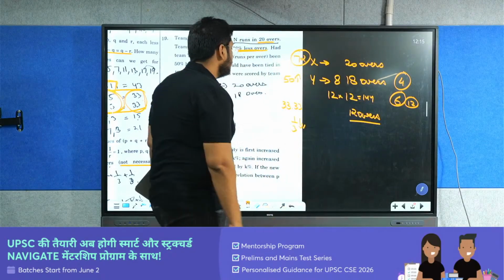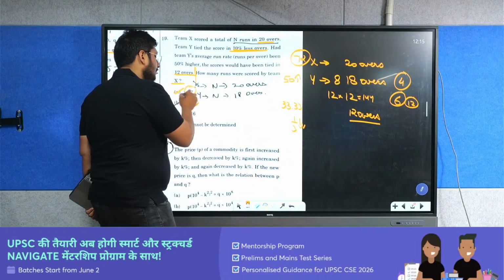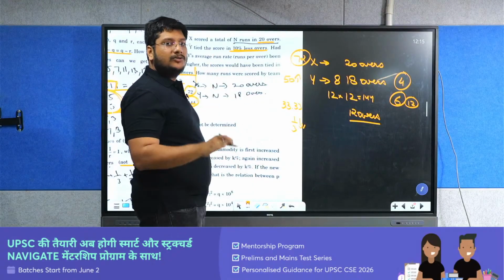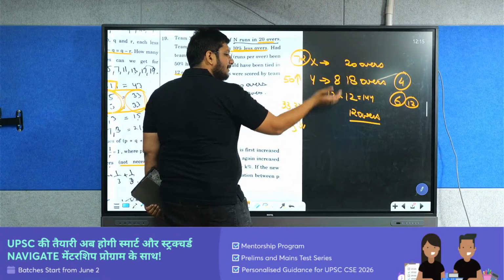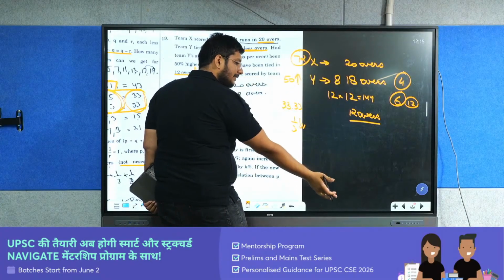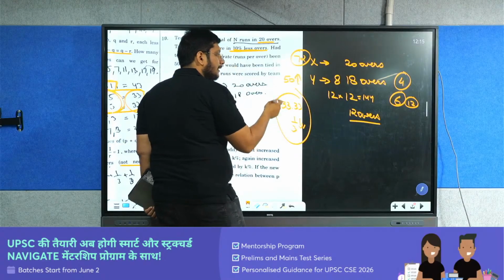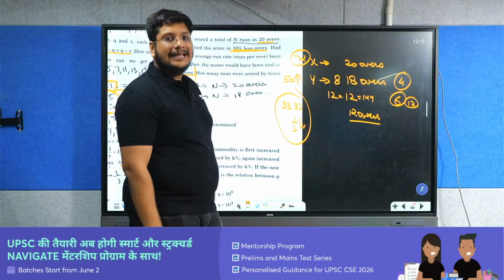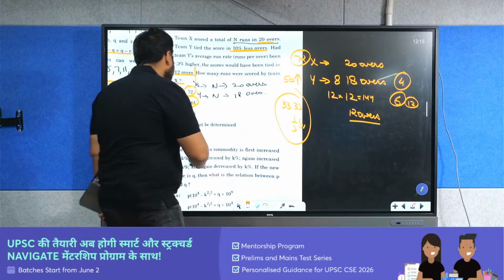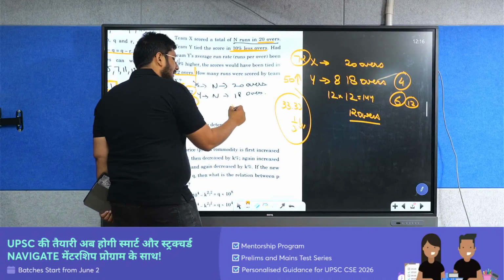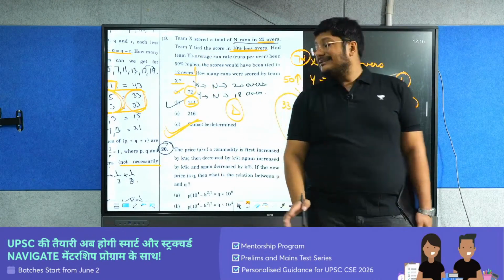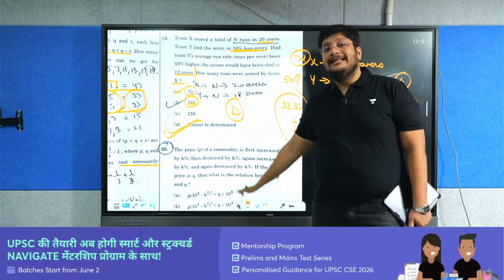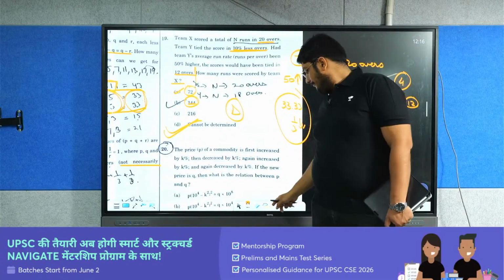So that means with both 72 and 144, I am able to solve. Take any number, guys, you will be able to solve. Because it's simply saying we are increasing the run rate by 50%, so the overs have to decrease by 33%, which we are following. So let the number of runs be X, it will follow. So that means it cannot be determined. I cannot say which number of runs has been scored by Team X because this will follow universally for any number of runs.